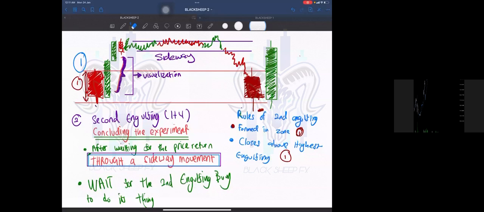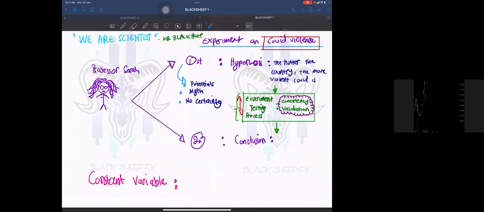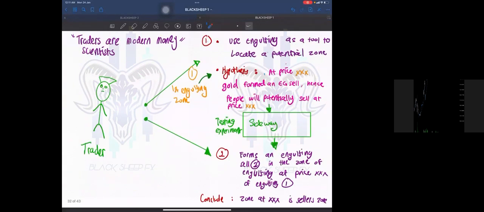So this is why the next recipe is a sideway, which I will show you. After the sideway has been done, we have to wait for the second engulfing buy to happen within the zone of the first engulfing buy. Because remember, this then acts as the confirmation or the conclusion to the experiment. We have done our first hypothesis. We have done the testing, which is a sideway.